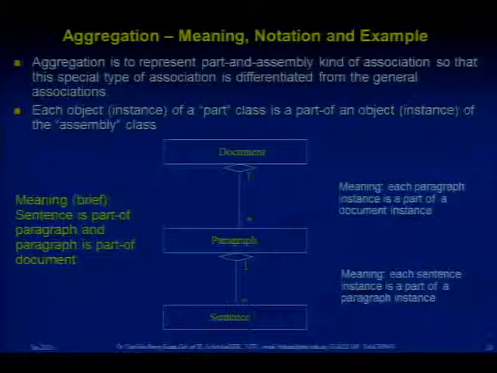Among all the interactions, there is one special kind of interaction, the part and assembly kind of interaction. In class diagram techniques, for these special part and assembly interactions, we use a special relationship type, aggregation, to differentiate them from other kinds of associations.